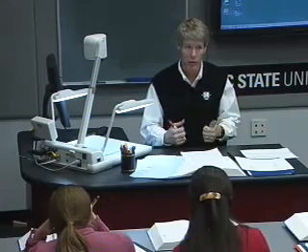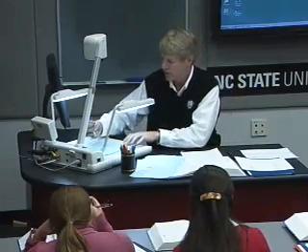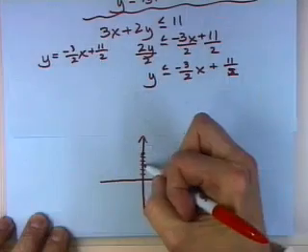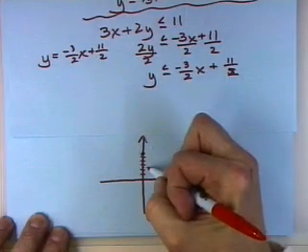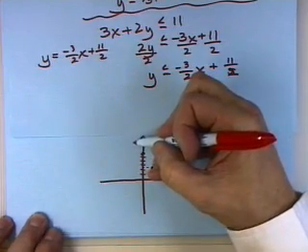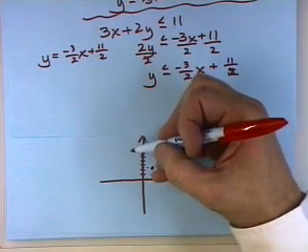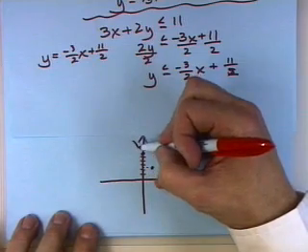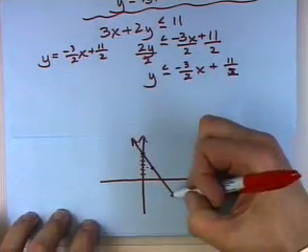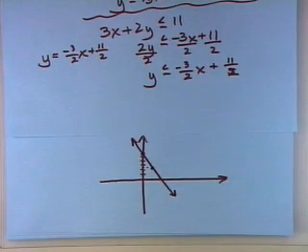Will that work? One positive, one negative movement. Let's go down 3, so there's 1, 2, 3, and right 2. That work? And you might want to check. I do want this line to be part of the solution set, so I want a solid line. If it's not part of the solution set, I would just make it a dotted line.